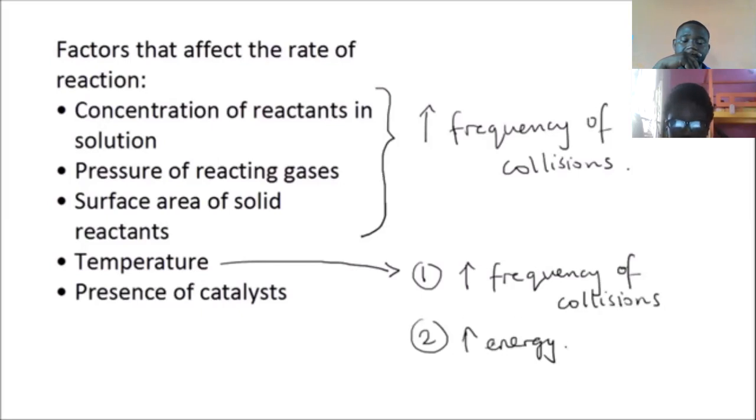And increasing the temperature does both. So we know already that if you increase the temperature of a substance, the particles will gain kinetic energy and they'll move around faster. So therefore, they are not only moving with more energy, but they are also more likely to collide.